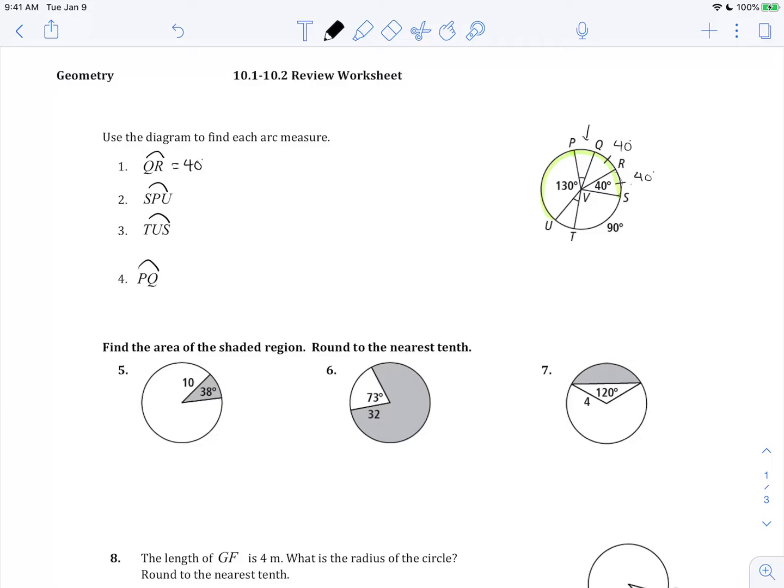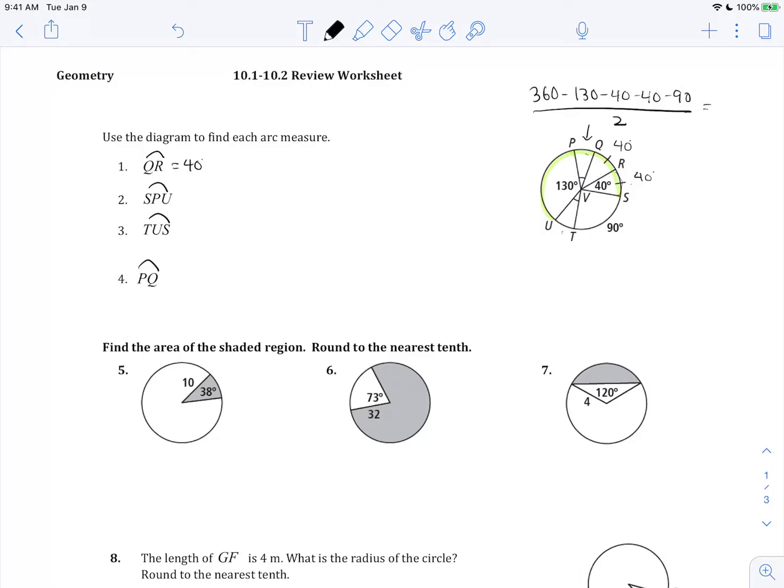So to get this angle, I can say 360 minus 130 minus 40 minus 40 minus 90, and I'm going to divide that all by 2 because these two are going to have the same measure, right? The only angles that are left over are these two, right?